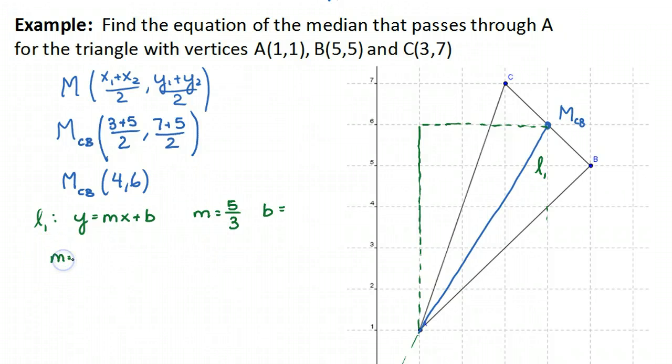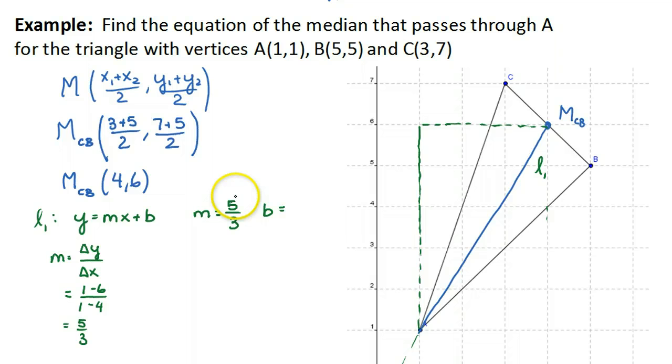So the slope is delta y over delta x, sometimes said rise over run. It's good to know that delta is a Greek letter. It means change in. So the change in y from A to MCB is going to be (1 − 6) over (1 − 4), which works out to 5 over 3.